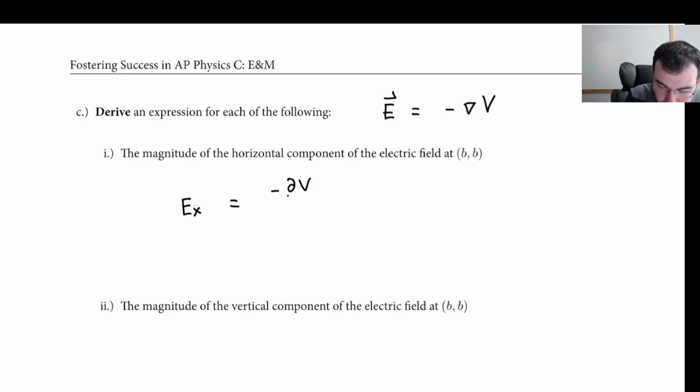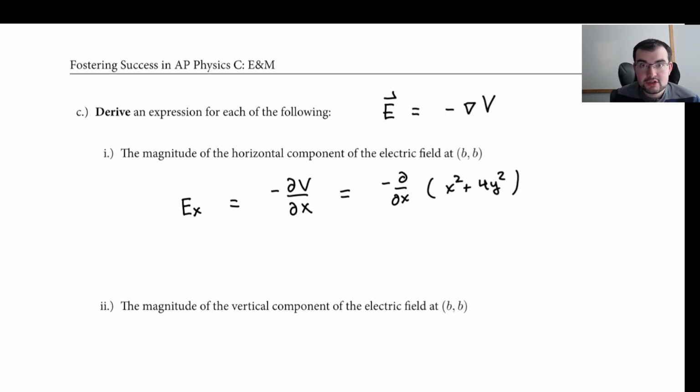I use the curly d to show there's different things happening, but you could totally do the regular one. I switch up because in AP, you really don't need the partial symbol. But this is the negative derivative with respect to x of x squared plus 4y squared. And we just want the x derivative. So the only thing that is affecting this derivative is the x term, because the 4y squared has no x in it.